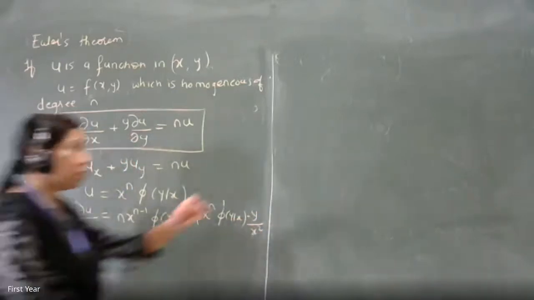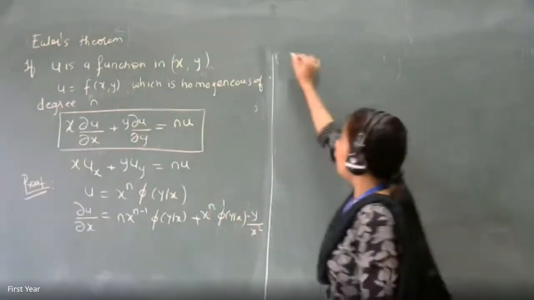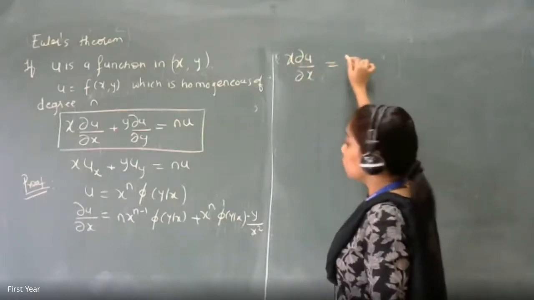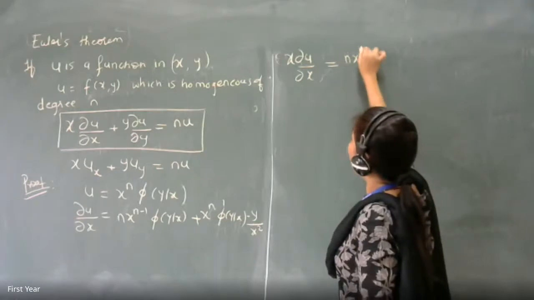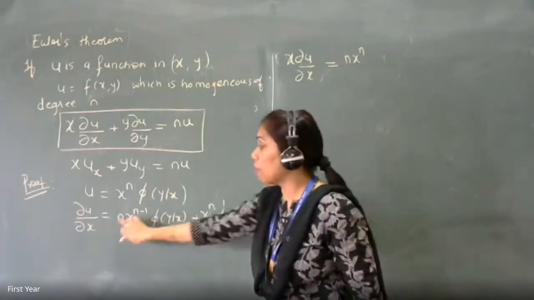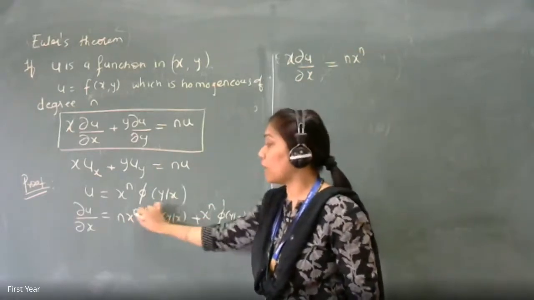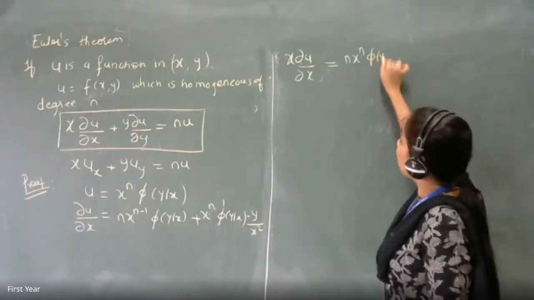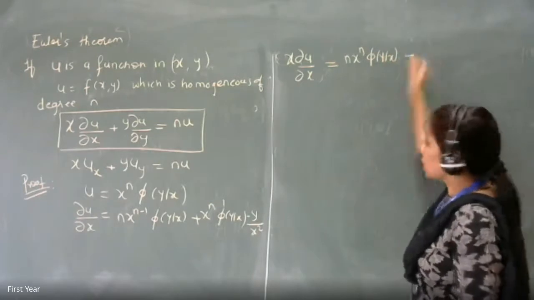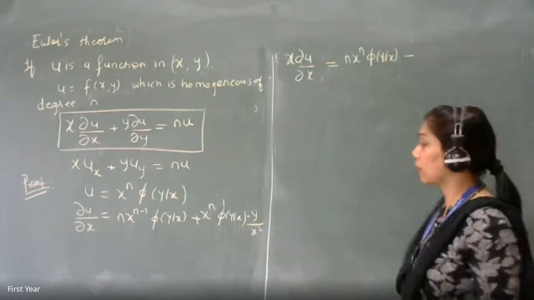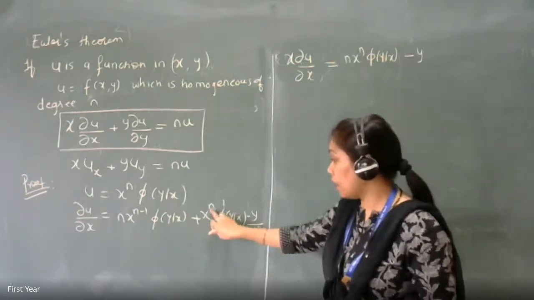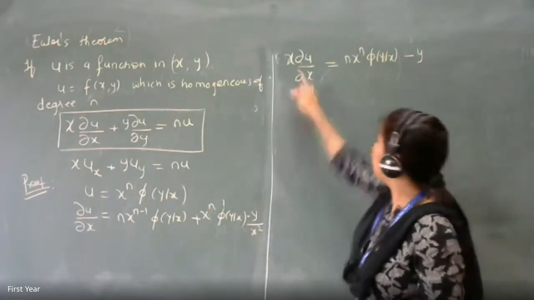Okay, and now what will be x del u by del x, multiplied by x? It will be n x raised to n minus 1, I multiplied by x, so plus 1 and I get n. So n x raised to n phi of y by x minus, just see, this minus will come outside, I'll have y. Total how many x? x raised to n minus 2, and I have multiplied one more x.